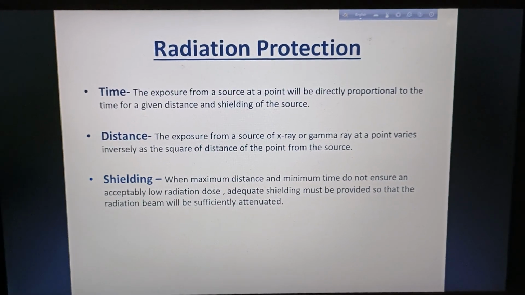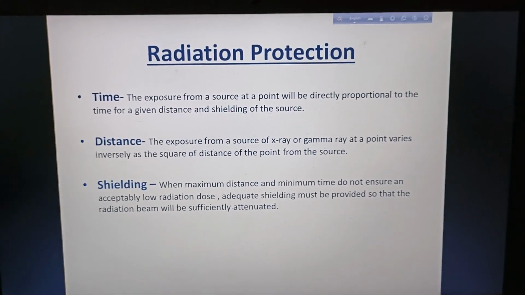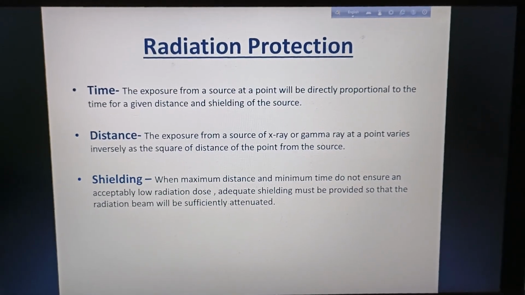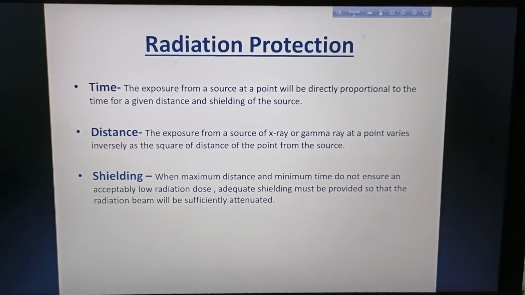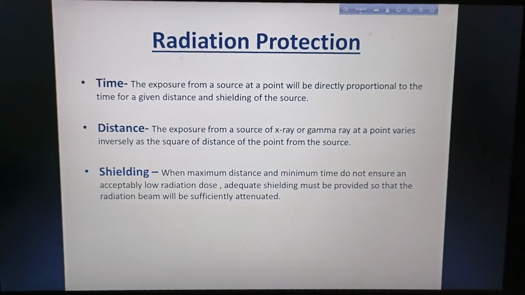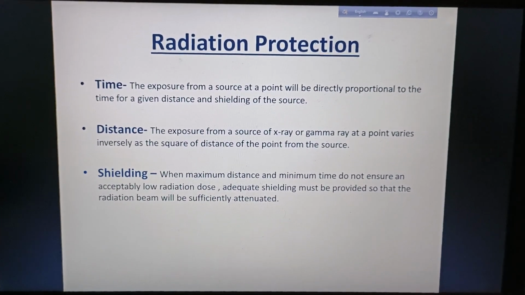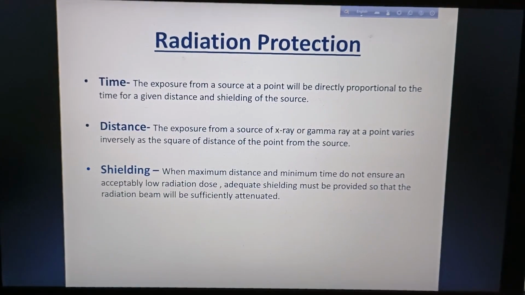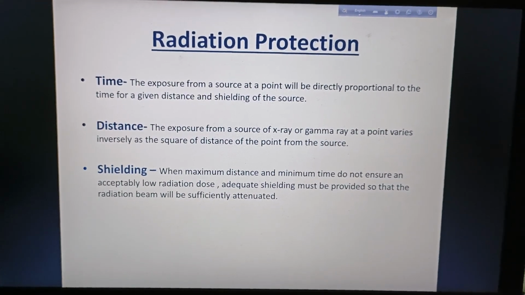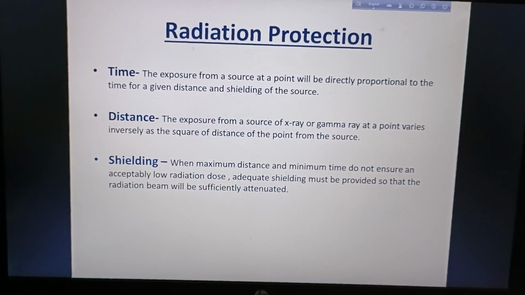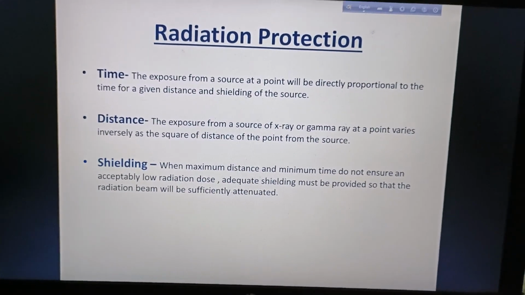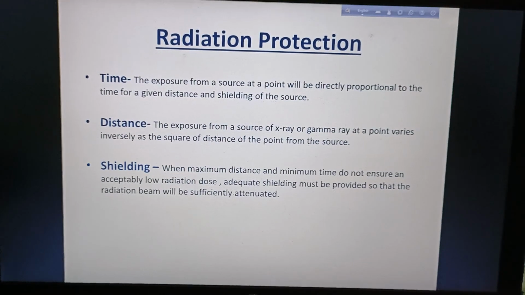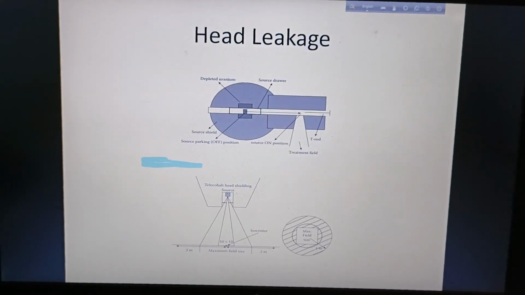The exposure from a source at a point will be directly proportional to the time for a given distance and shielding. Distance: the exposure from a source of X-ray or gamma ray at a point varies inversely as the square of the distance of the point from the source. Shielding: when maximum distance and minimum time do not ensure an acceptably low radiation dose, adequate shielding must be provided so that the radiation beam will be sufficiently attenuated.